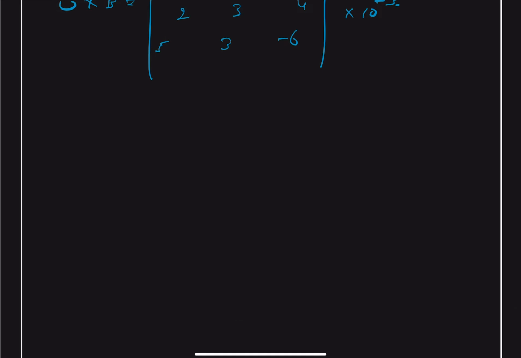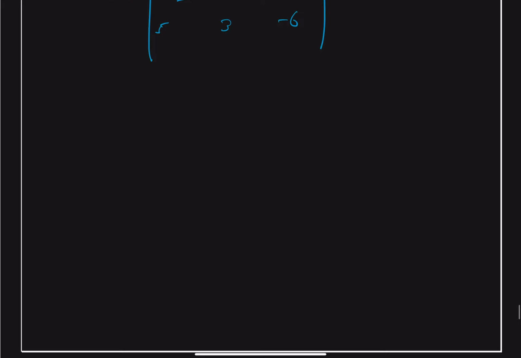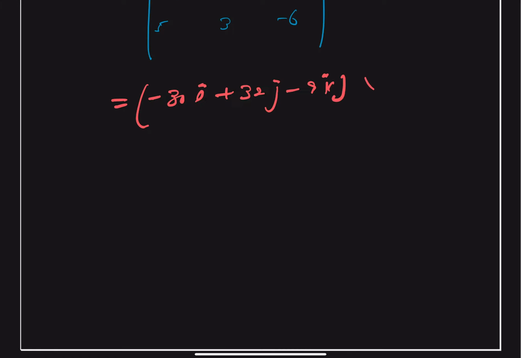So the cross product comes as minus 30i plus 32j minus 9k, with a common multiplier of 10 to the power minus 3.